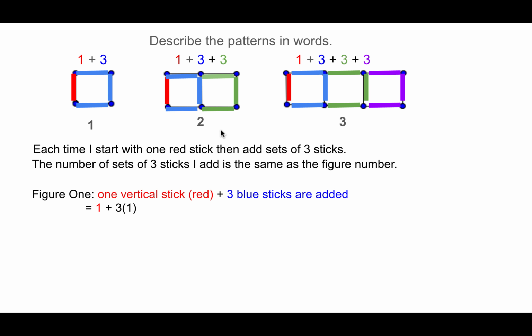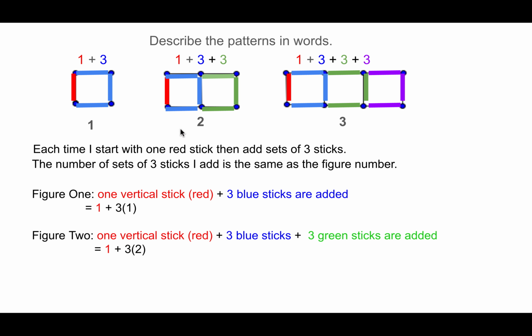So figure number 1 has my 1 vertical red stick, and then I added 3 blue sticks. So we can say it's our 1 red stick plus my 3 sticks, and since it's figure number 1, or 1 square, I'd multiply it by 1. For figure number 2, I have my 1 vertical red stick, my 3 blue sticks, and my 3 green sticks.